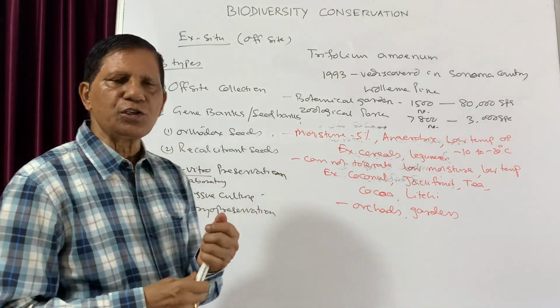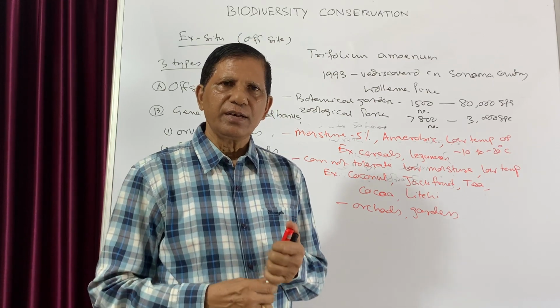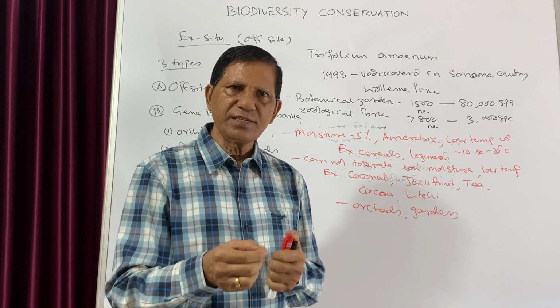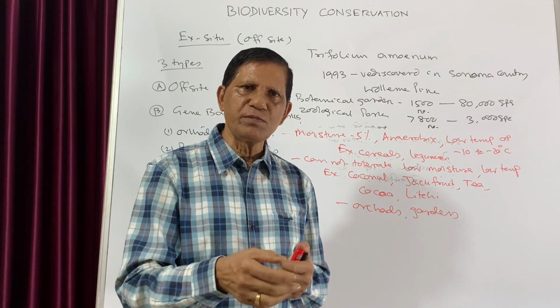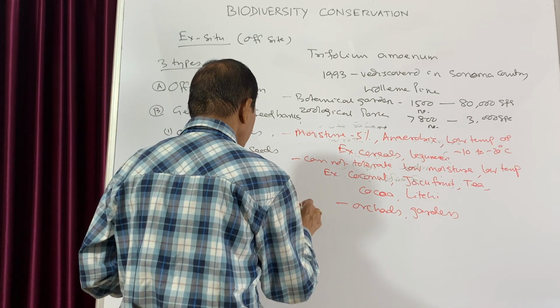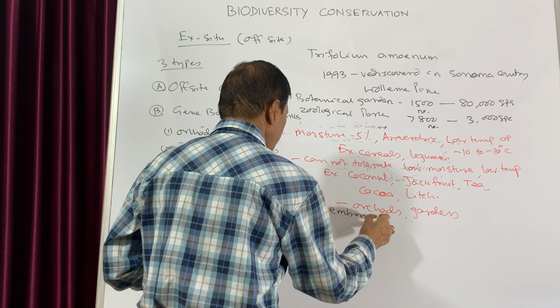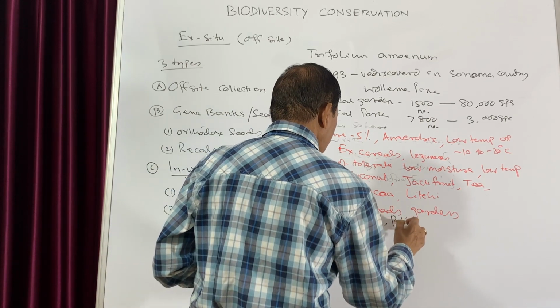So in tissue culture, tissue means a group of cells. Now we can put a group of cells in the form of tissue, which may be callus, embryo, or pollen grain.